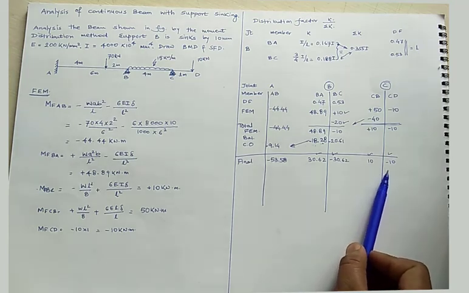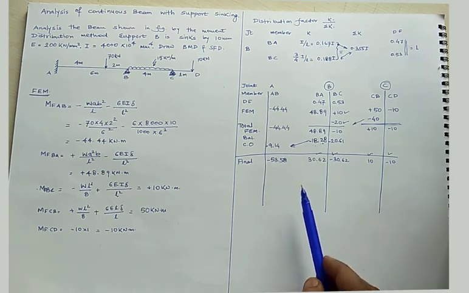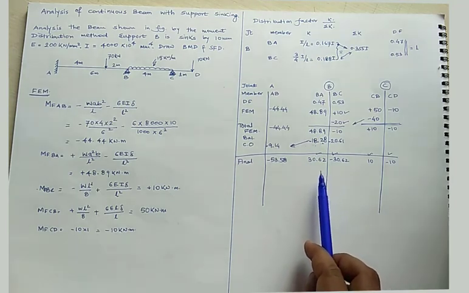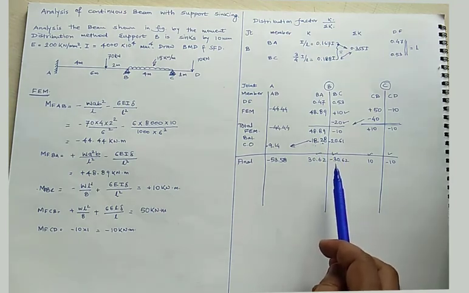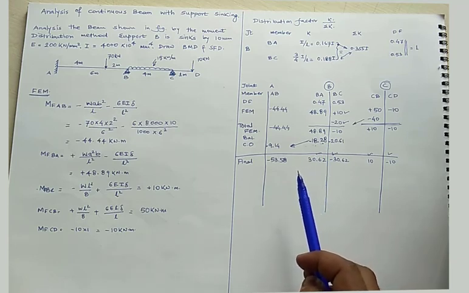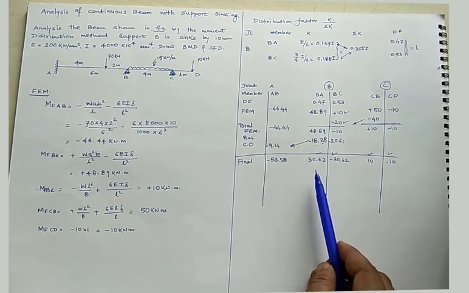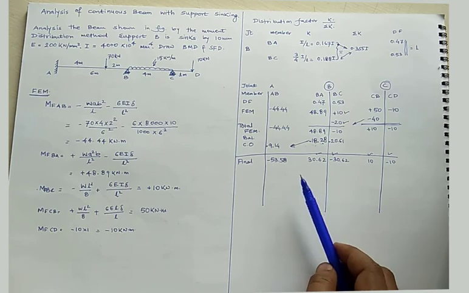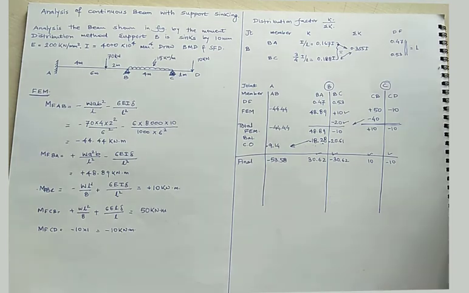So at joint B or at joint C, the sum of the moments of the given members will be equal to 0. This is the justification for the equilibrium condition.